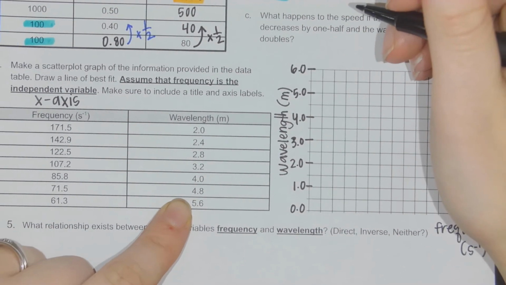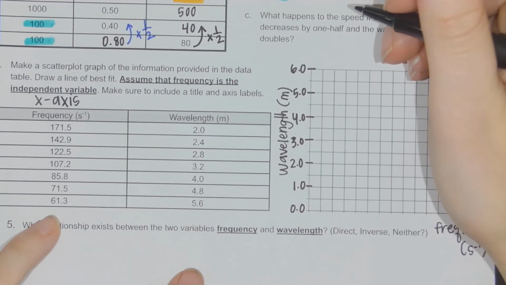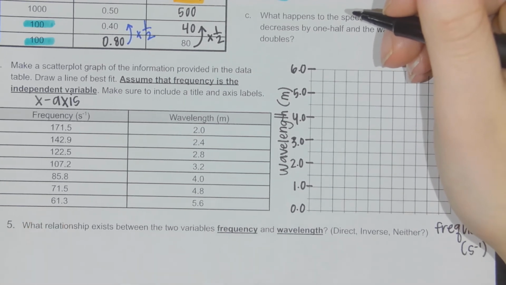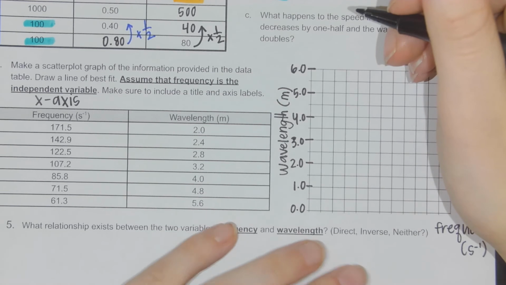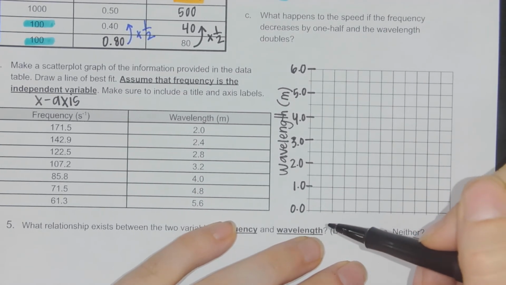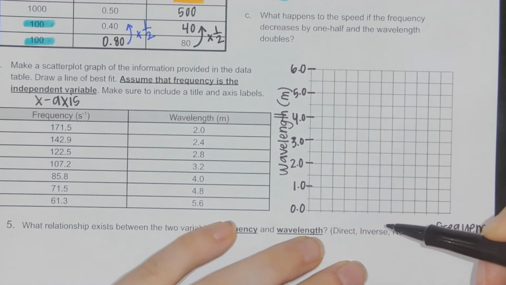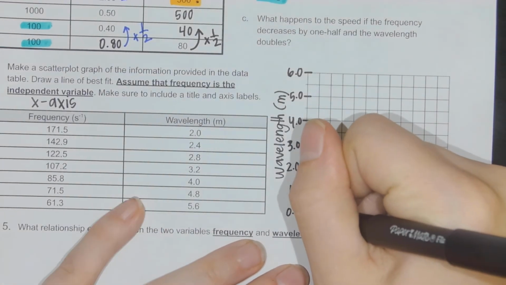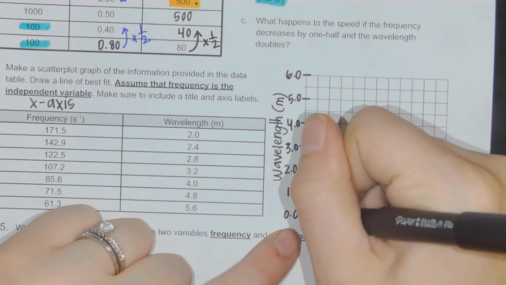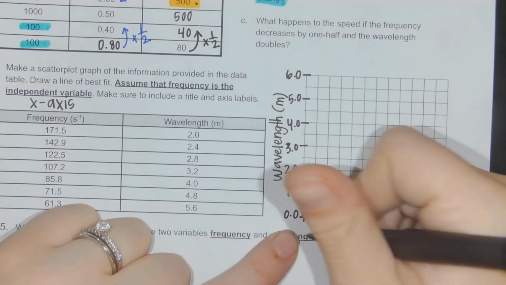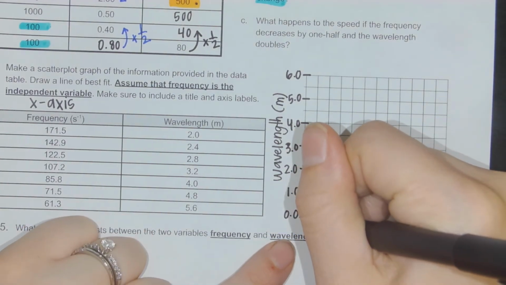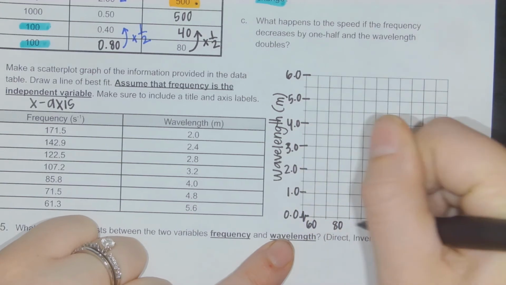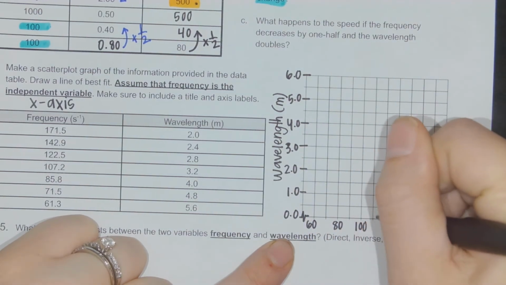And the frequency needs to go from 60 to like 180. So let's see. Okay, so what if we just do that little break in the graph, and we'll start here at 60, 70, 80, 90, 100.